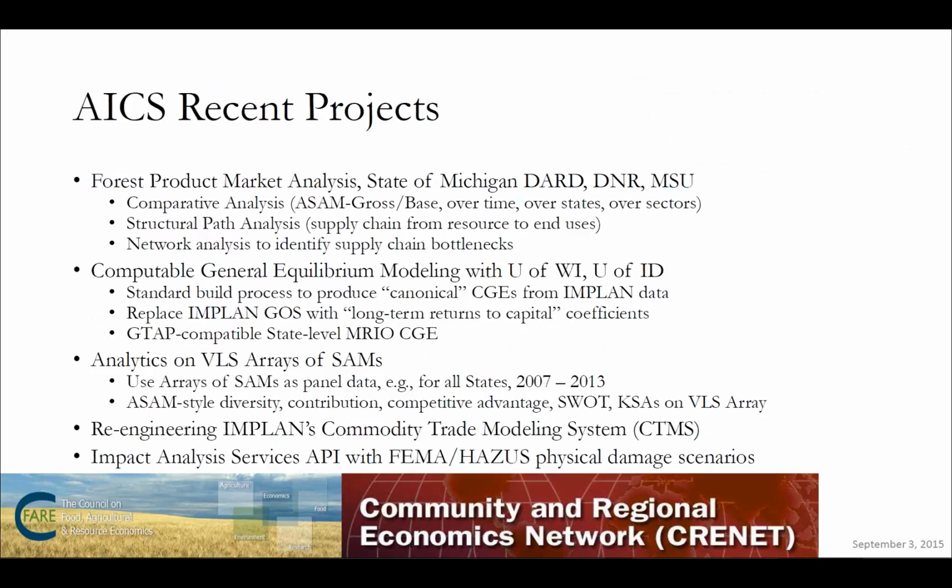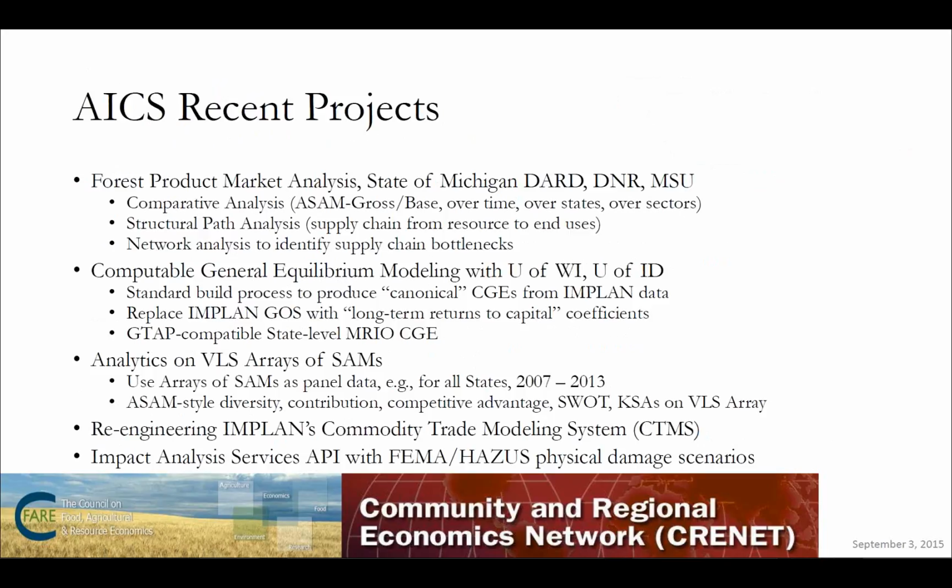We looked at comparative analysis to identify markets for forest products in the state, did a number of SAMs type comparative statics over time, over different states, and particularly over sectors.